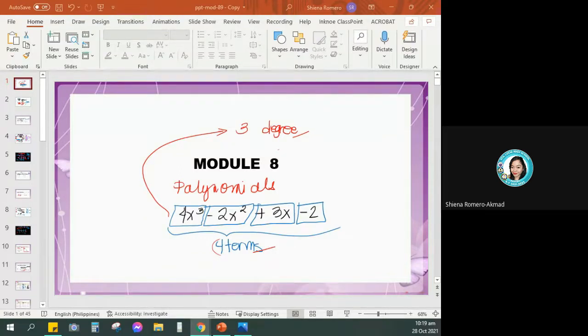Ba't ang ingay? Ano ba nag-chat? Copy 3, di ba? Module 8. Ay. Module 8 is 9.